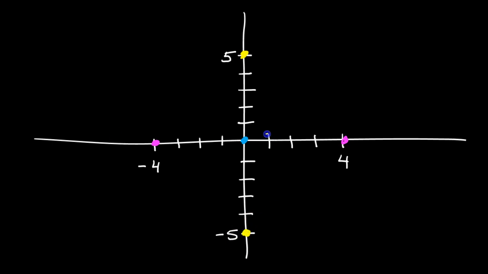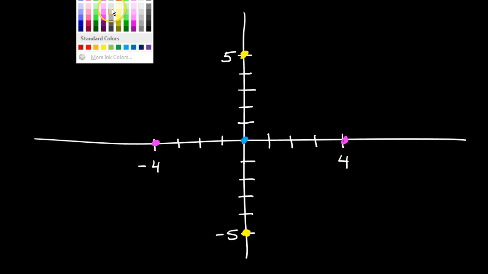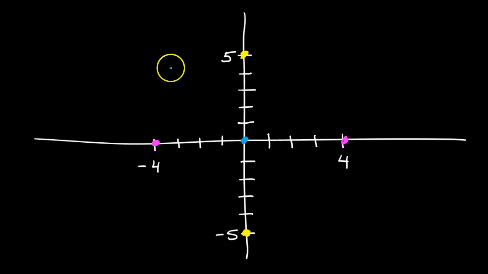They did not ask us to list the co-vertices, but they did ask us for the asymptotes. And the vertices and the co-vertices define a rectangle that we need to draw, which will reveal the asymptotes.